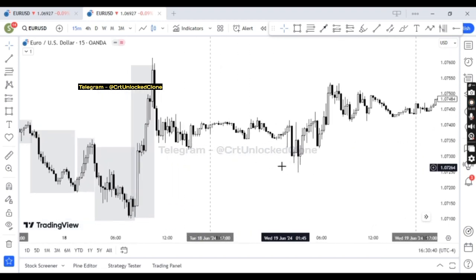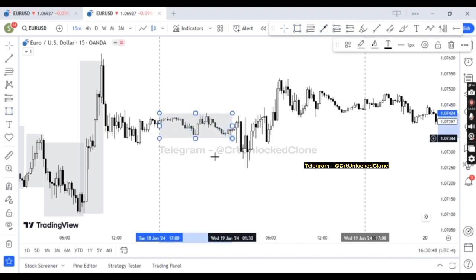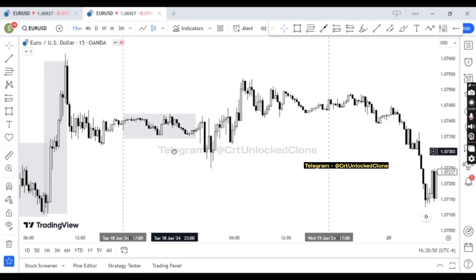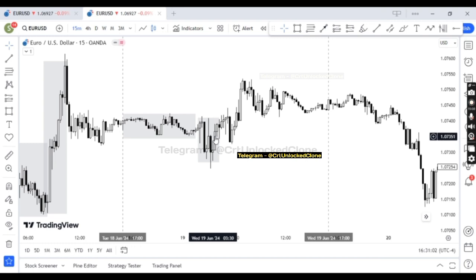Now again, right here on Wednesday's price action, you can see that after the opening time we straight away turned into a ranging profile, and then after a ranging profile we can only have two possible outcomes: an expansion or a manipulation. In this case we had a manipulation, and this manipulation profile ended right here once price closed above this candle and formed a CSD.